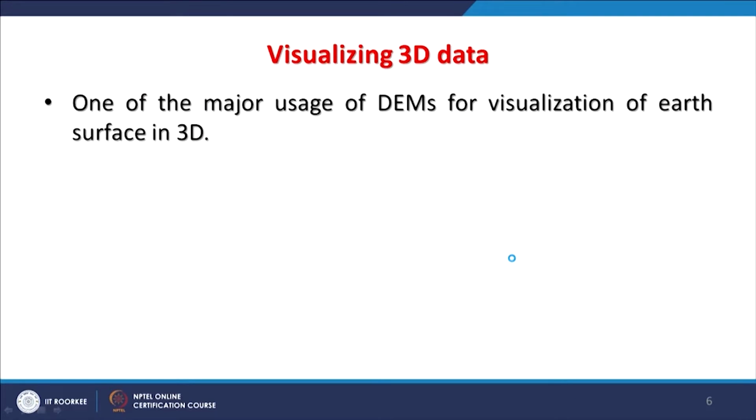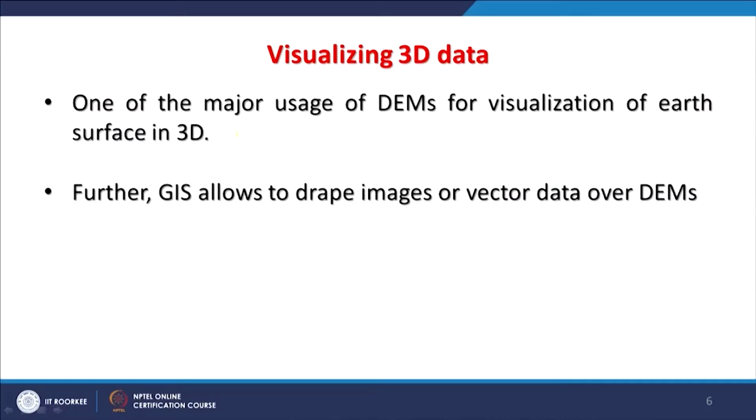Now, the main purpose of integrating a digital elevation model with satellite data is to have a 3D perspective view, because a bare DEM without features of the ground cannot give you the full feeling of the terrain.